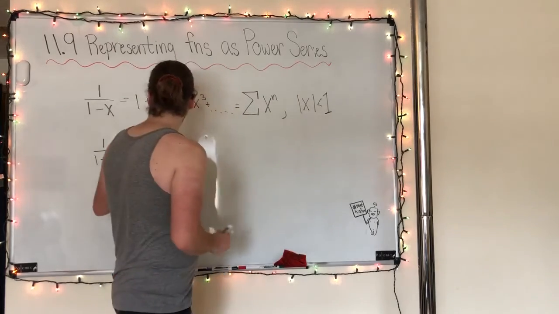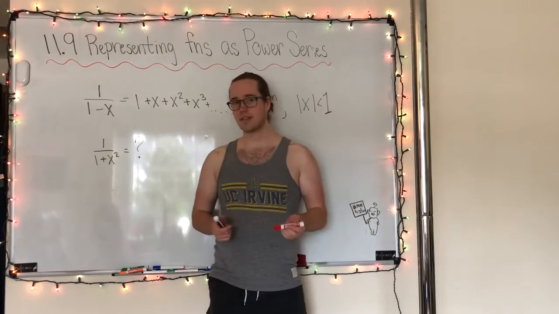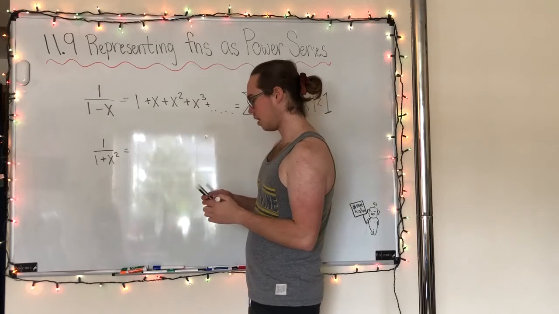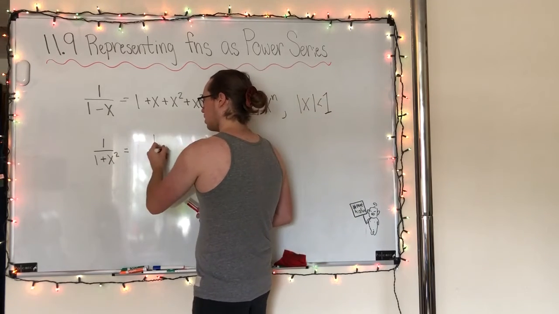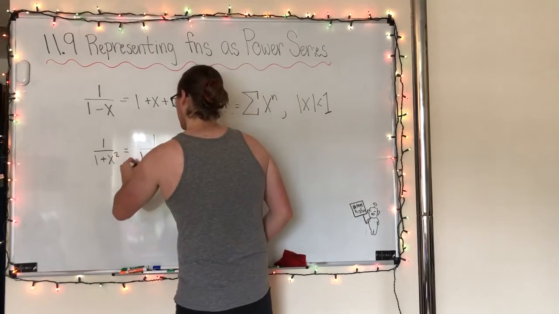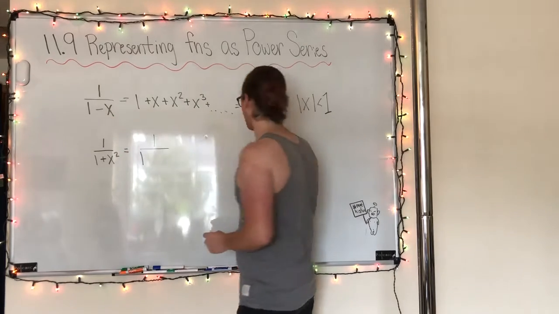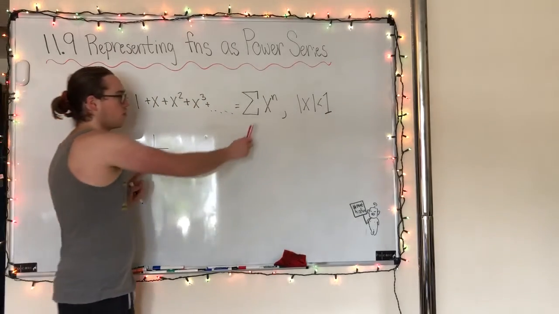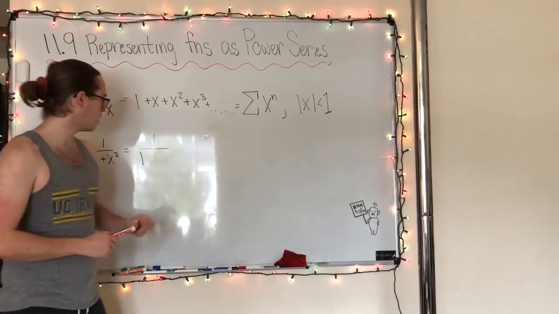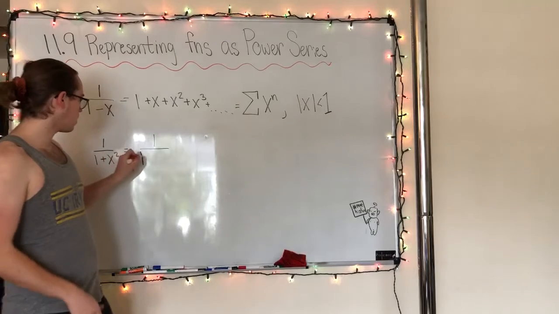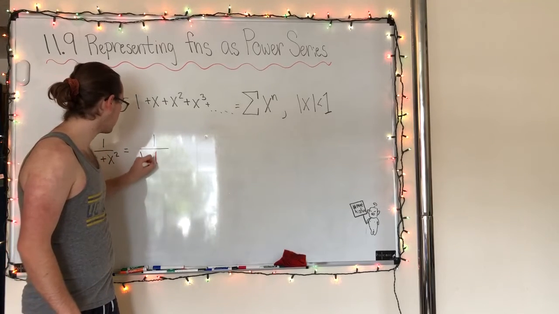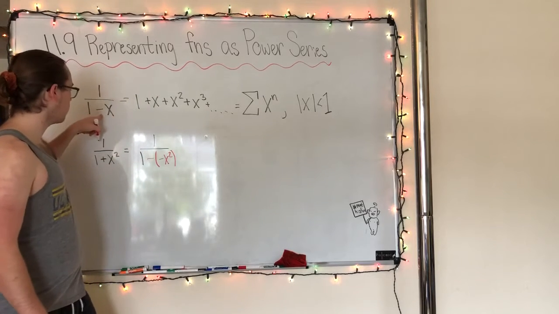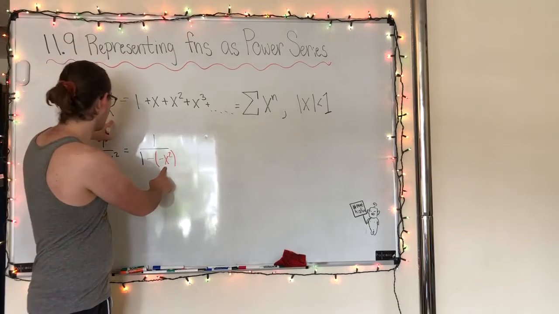So now, what if we have 1 over 1 plus x squared? What is that going to be? We can actually rewrite this. What's going to stay the same? This 1 is going to stay divided by 1, and then let's try to get it as close to the geometric series form as possible, because this whole section is about trying to get something of the form like this, depending on what we start with. So we have 1 over 1, and we want a minus, so let's make it a minus. Then this is a minus x squared. So this would look like the geometric series if we made this a minus, which we've done, and made this an x squared instead of an x.